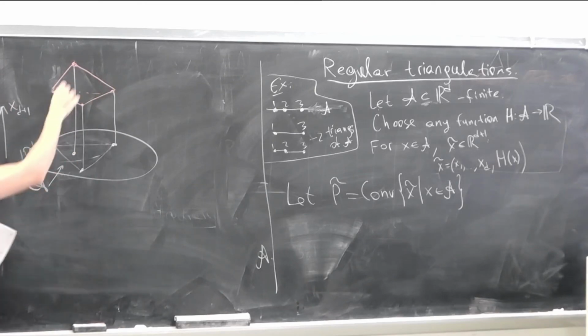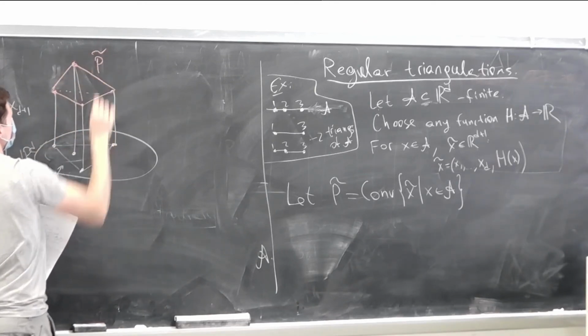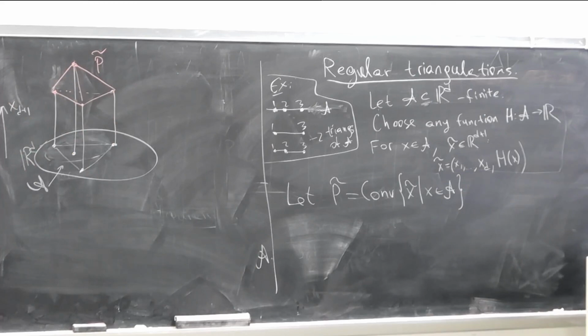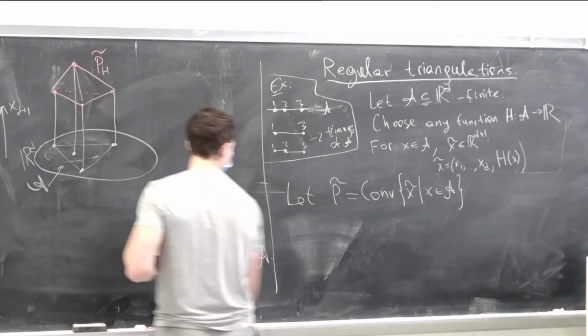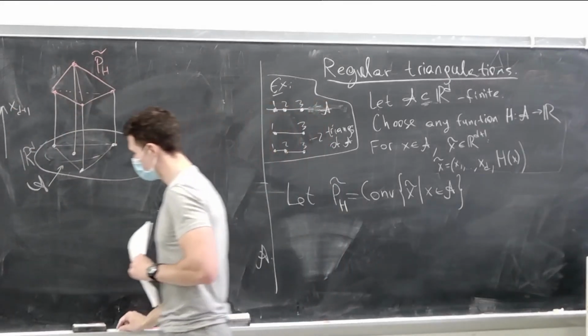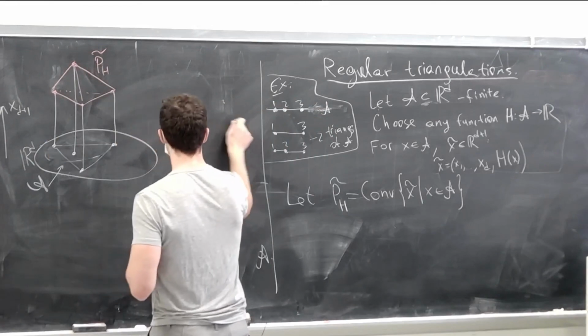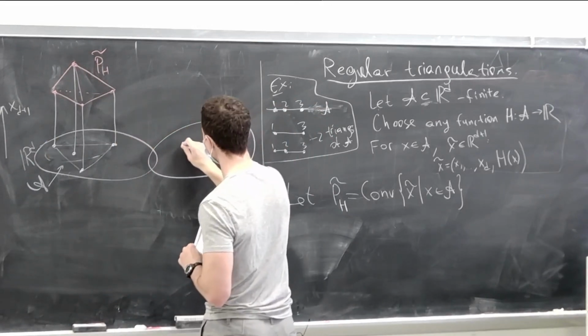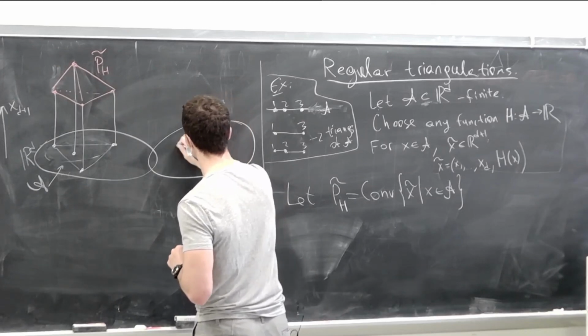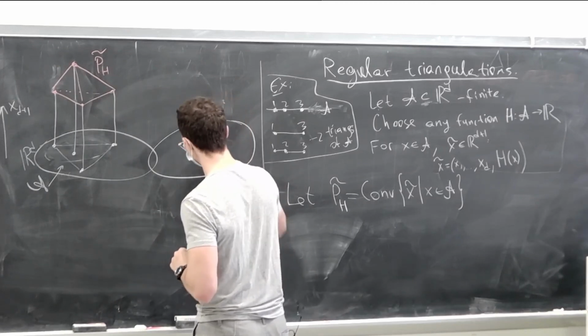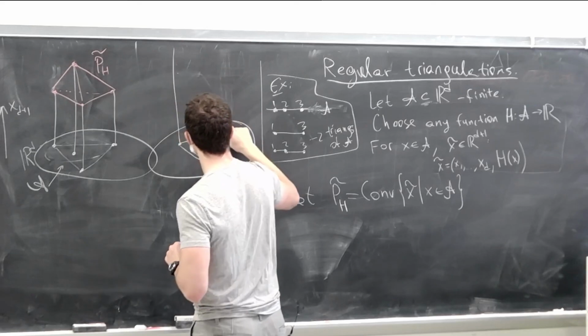And this red polytope is p tilde, which depends on h. So p tilde sub h, we should call it. Or I could start with the same point configuration and lift the points in a different way.